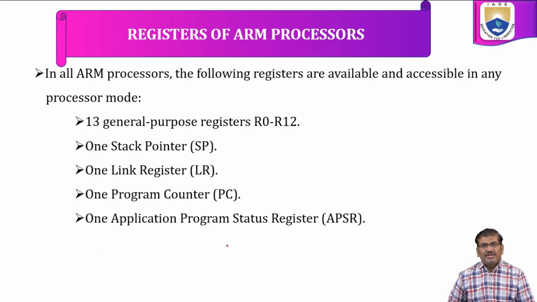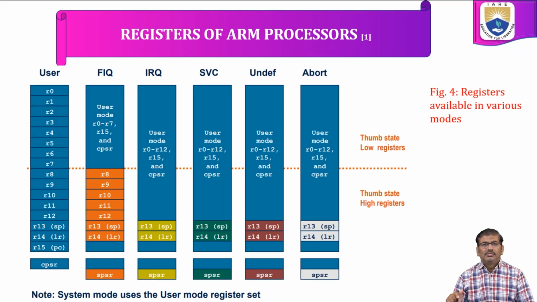One application register, that is APSR. Next, depending upon the modes of operation, the availability of registers is shown in the figure. In the user mode, we have the registers R0 to R15 and CPSR.